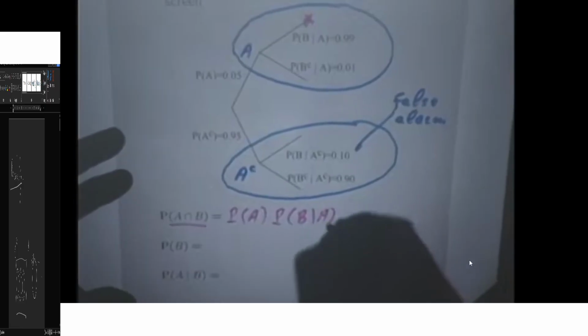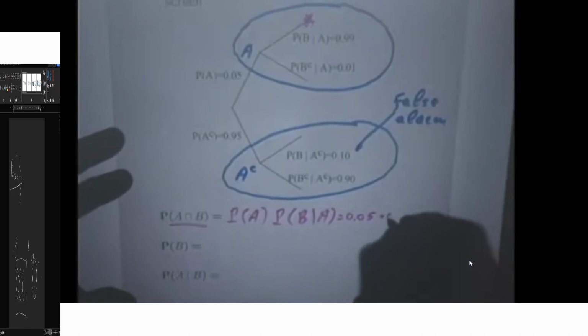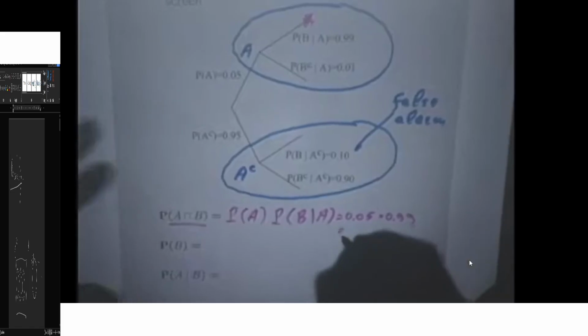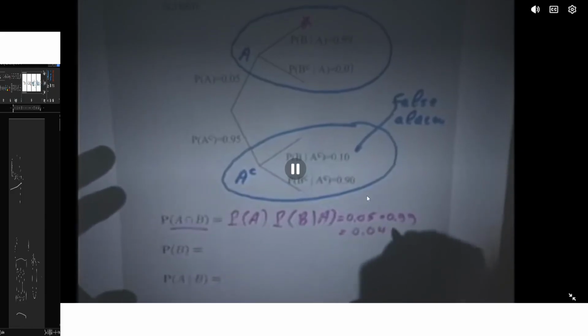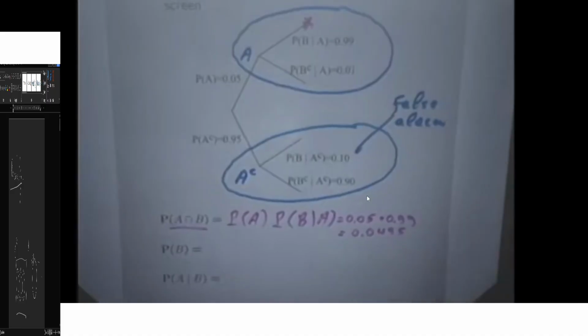How can we calculate this probability? Well, we use the definition of conditional probabilities, and this is the probability of A times the conditional probability of B given A. So it's 0.05 times 0.99. And the answer, in case you care, is 0.0495.